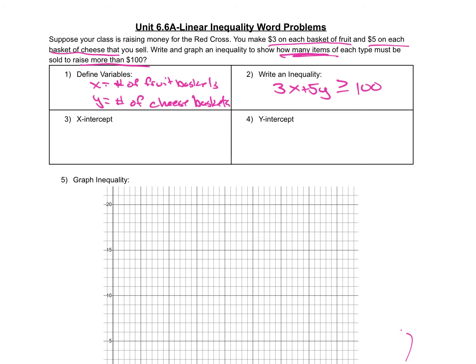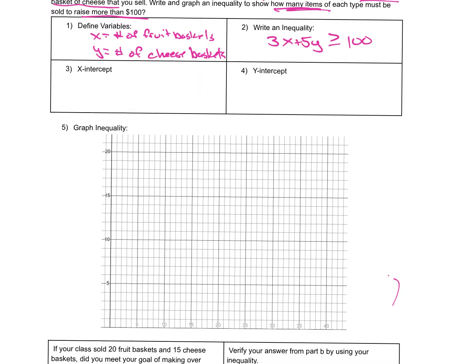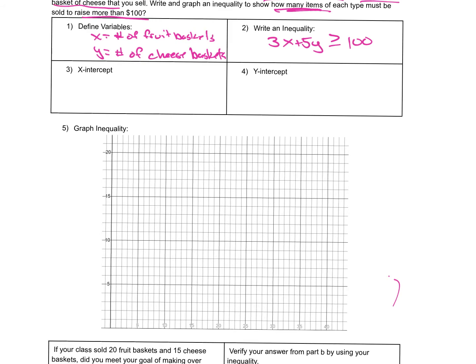So if we're just looking at one inequality here, what we're going to look to do is solve and find our graph. So before we get started, we know that the x-axis, we called that our number of fruit, and over here on the y, we said that was the number of cheese.